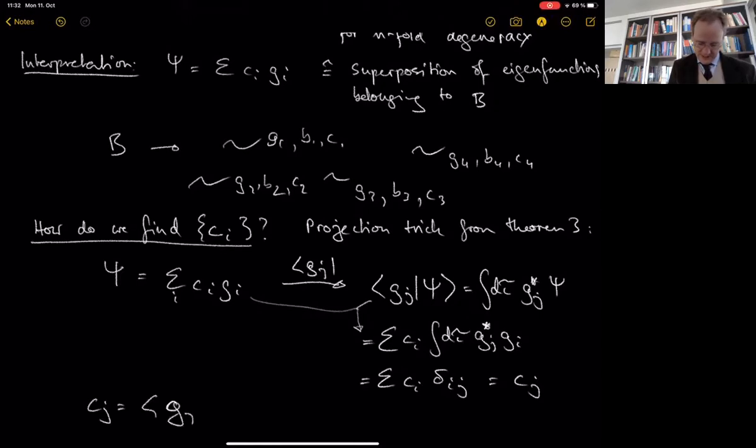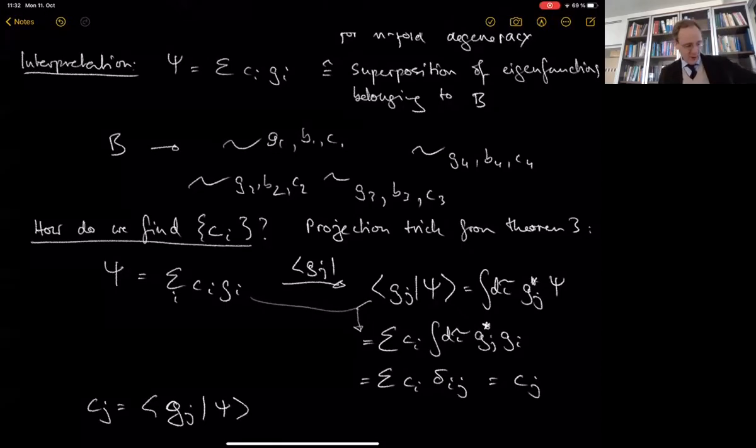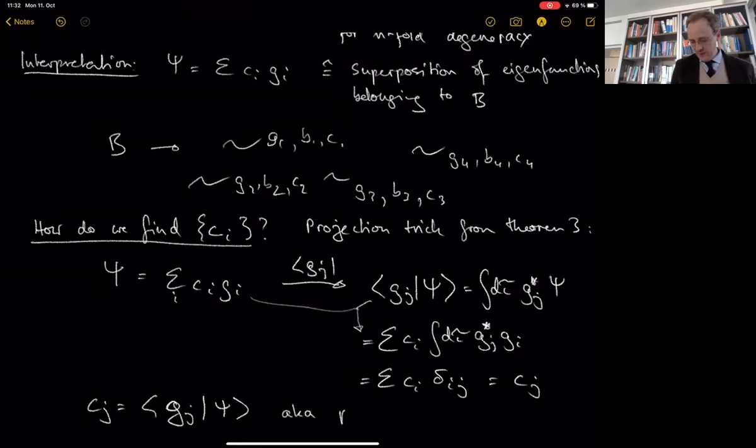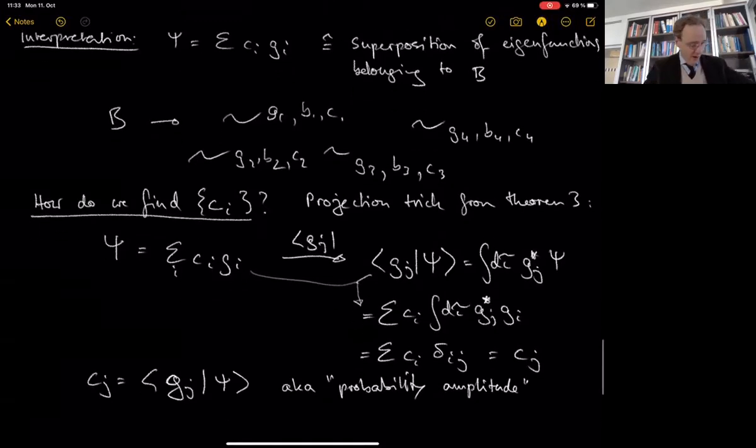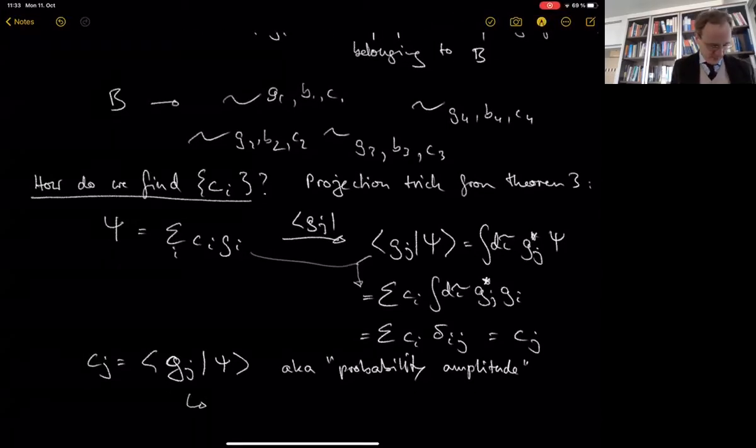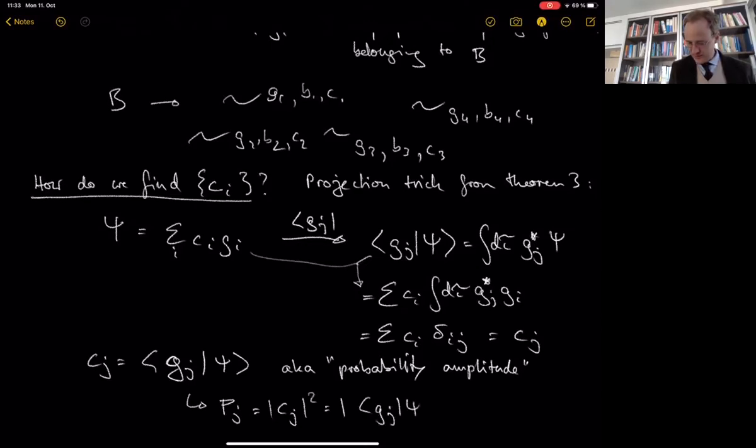So Cj is my projected coefficient, also known as probability amplitude of my state J. So if I know my eigenfunctions, and I have my expansion, I can always project out the corresponding coefficient. Now, this means my Pj equals Cj squared equals the absolute square of the integral of Gj psi.